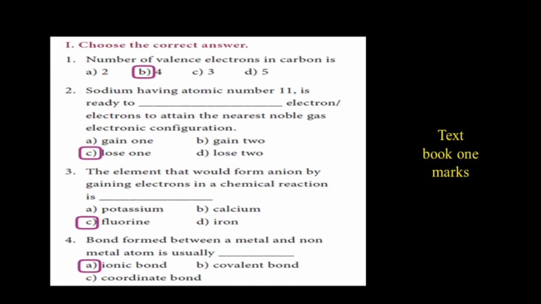So option C, fluorine, is the correct answer. The fourth one: the bond formed between a metal and a non-metal atom is usually, as we just discussed, an ionic bond. Mark it in your book. Go through your study material also. Hope you all understand today's concept. Meet you in the next session. Thank you, students.